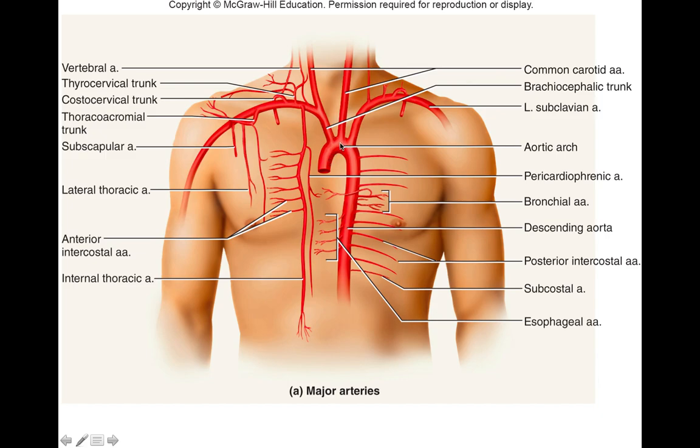So it's just a little bit weird that you have the brachiocephalic trunk that gives rise to your right common carotid and your right subclavian, but your left common carotid and your left subclavian artery branch individually off of the aorta. So just remember that those right side branches come off of the brachiocephalic trunk.